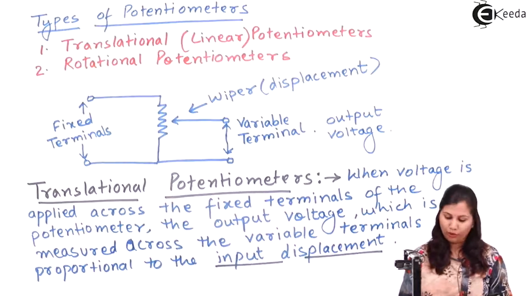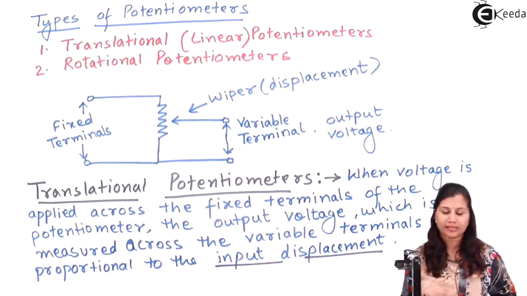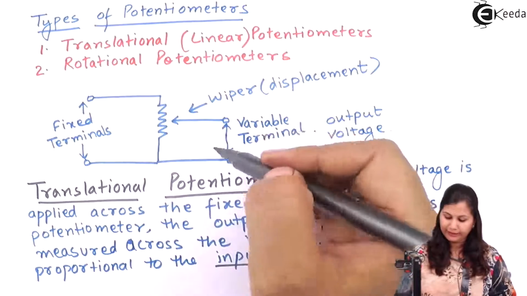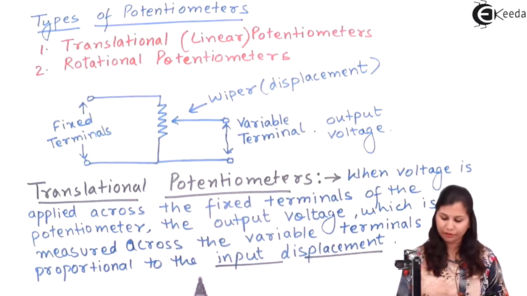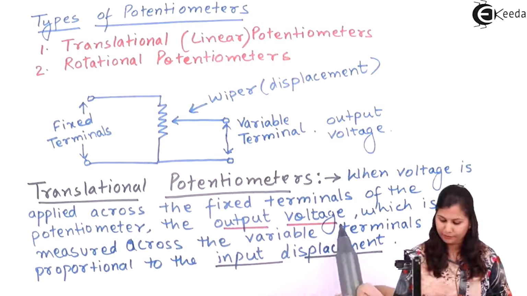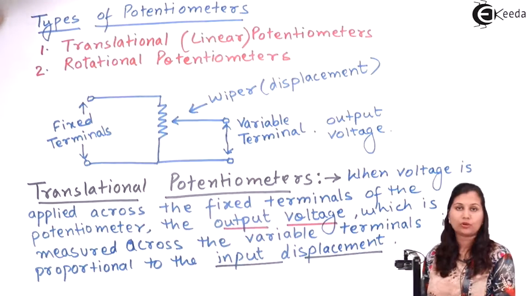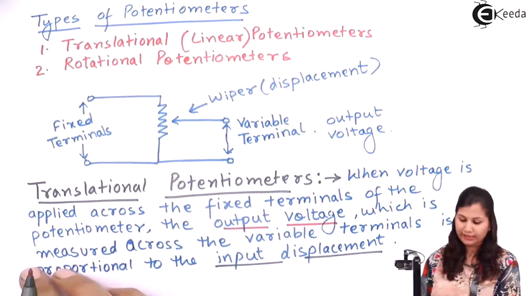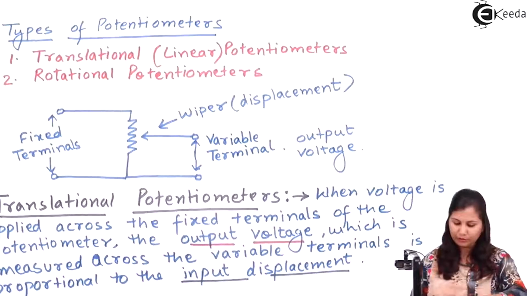Okay. So what the translational potentiometers are doing, they are converting the input displacement into the output voltage. Now if we draw the circuit for the translational potentiometers, it will be like this.